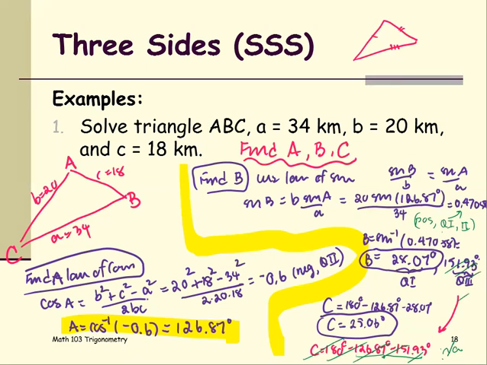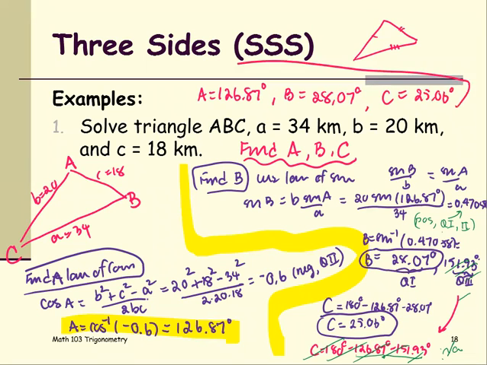Therefore we have only one set of solutions: angle A equals 126.87 degrees, angle B is 28.07 degrees, and angle C is 25.06 degrees.